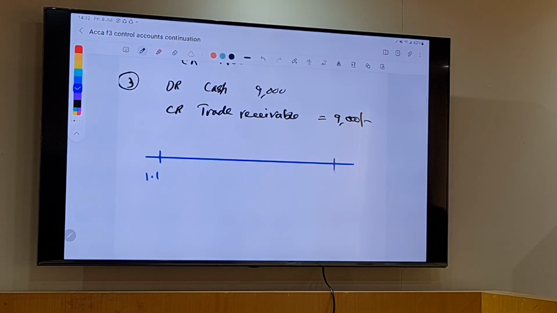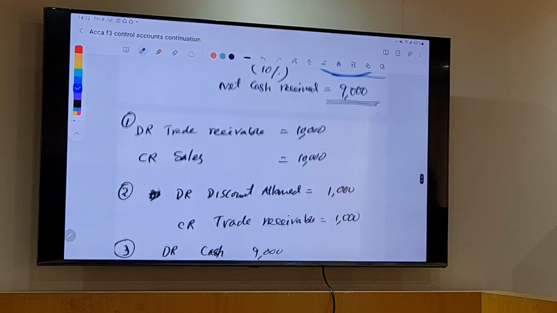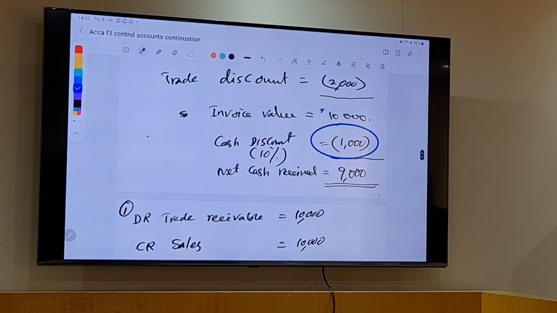I should pay on or before 10th of January. But the customer is paying on the 4th January, so we are entitled to the 10% of this. So 10,000 into 10% is 1,000. Now you understood the calculation first.